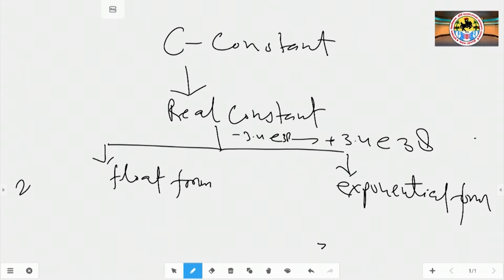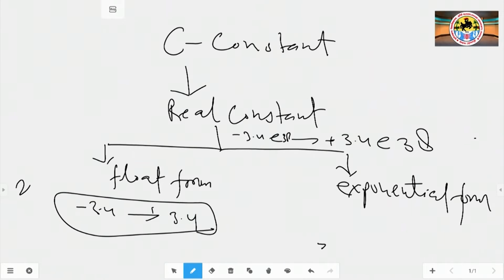Now, float form and exponential form both have some specific range to express the real constant in the C language. The values between minus 3.4 up to plus 3.4 are called the float form of the real constant. 4 bytes of memory are needed to store a float constant in the C language.